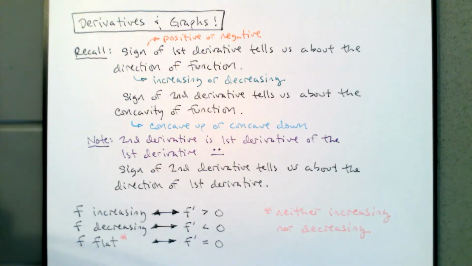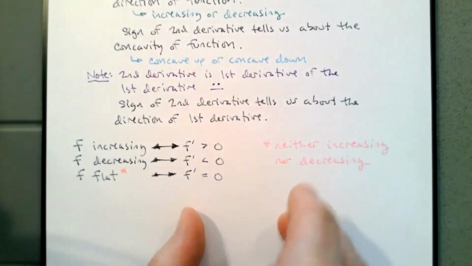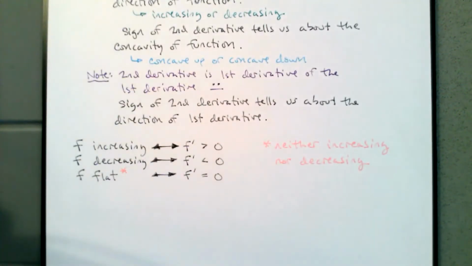What we want to do is expand this chart to include the second derivative. The sign of the second derivative tells us about the concavity of the function, and it also tells us about the direction of the first derivative. So if I start with the direction of the first derivative, f prime, I'll learn about the second derivative's sign. I want the middle column to be my f prime column.